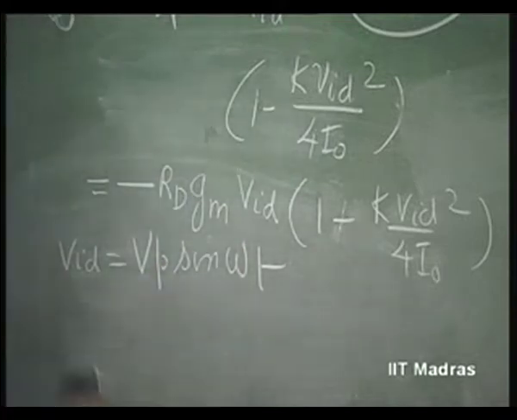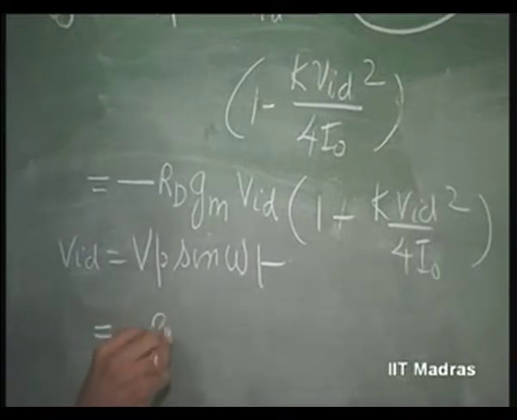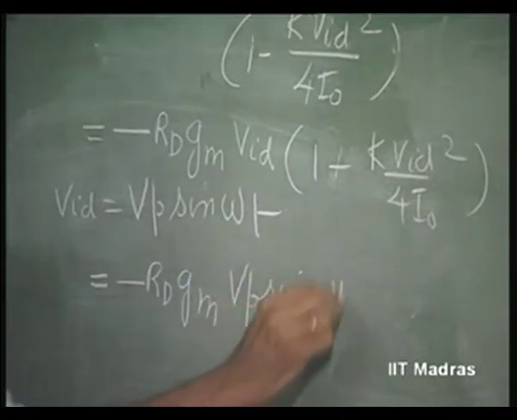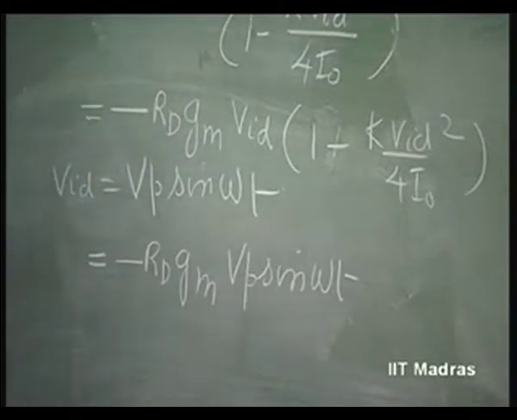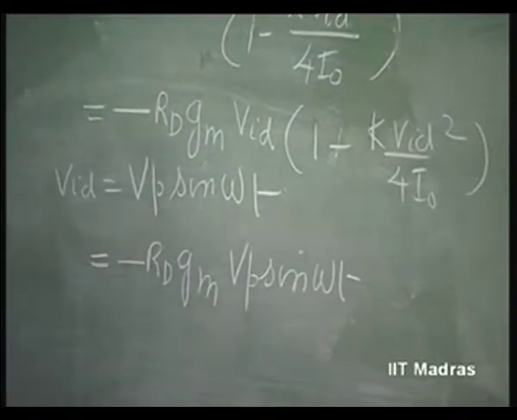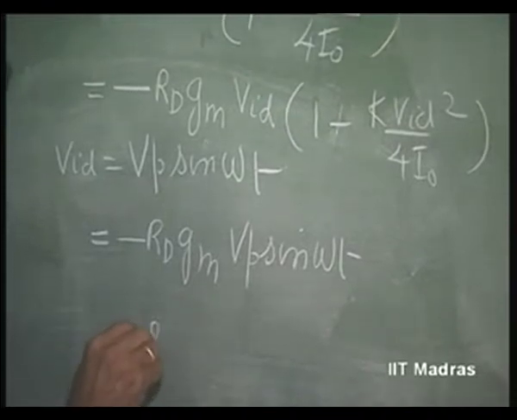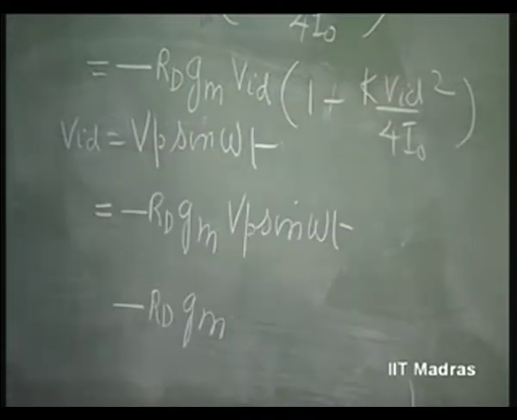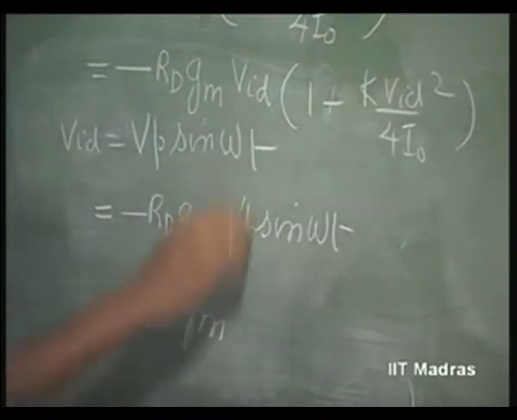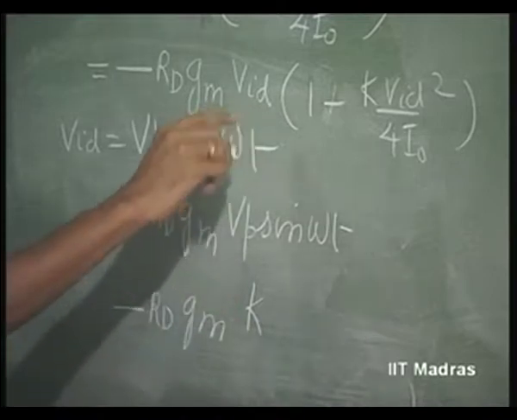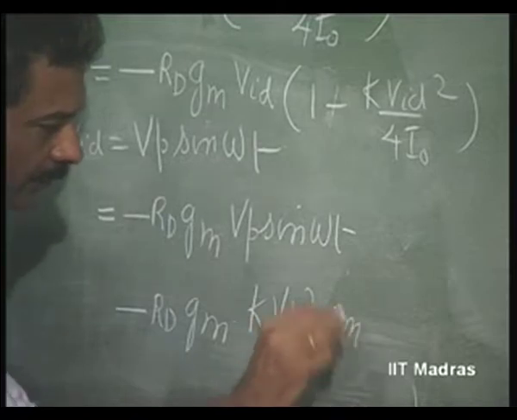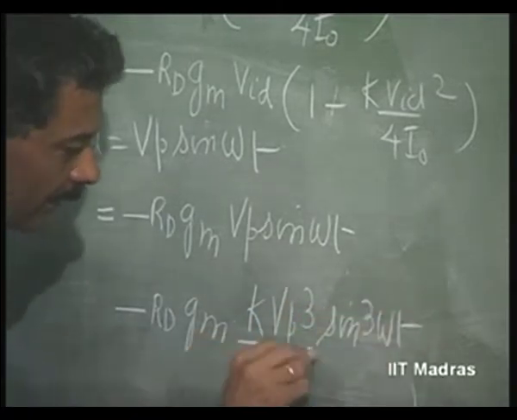Let us see. So, we have the fundamental component coming as minus Rd Gm into Vp sin omega t, that is clear. So, now what is the component corresponding to the other part? Minus Rd Gm. Now, we will take this Vp inside sin omega t. So, we get k into Vp cube sin cube omega t by 4 I naught.